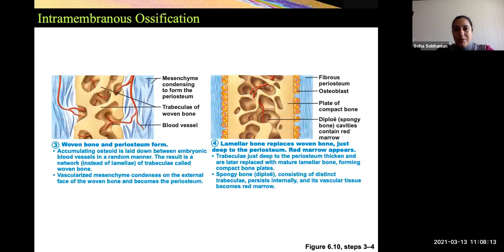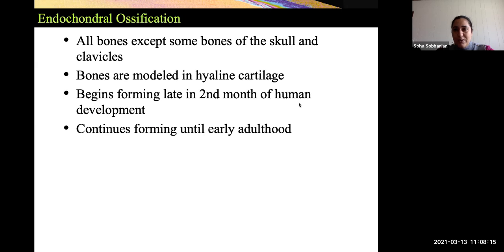So, a quick note before we move on into the details, and I think I'm going to stop here and do the details next time. Endochondral ossification, which is the second mechanism I listed, is used by all of the bones in your body except your skull and your clavicle.